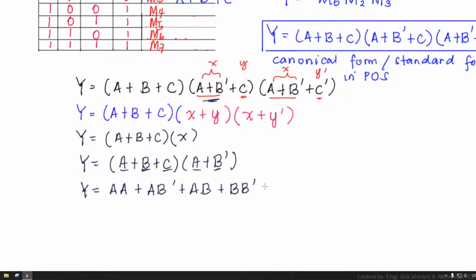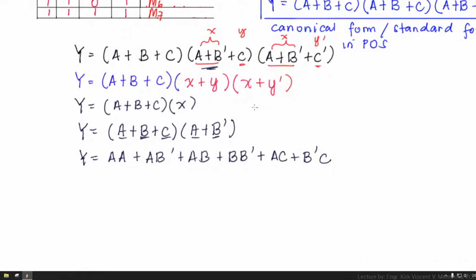Then this, and then the A, right? Let's write in particular order, AC, and then plus B prime, then C. Okay. Then, check if you can simplify something. Okay, you can simplify there. This one is A only. Okay. Then, this one is 0.